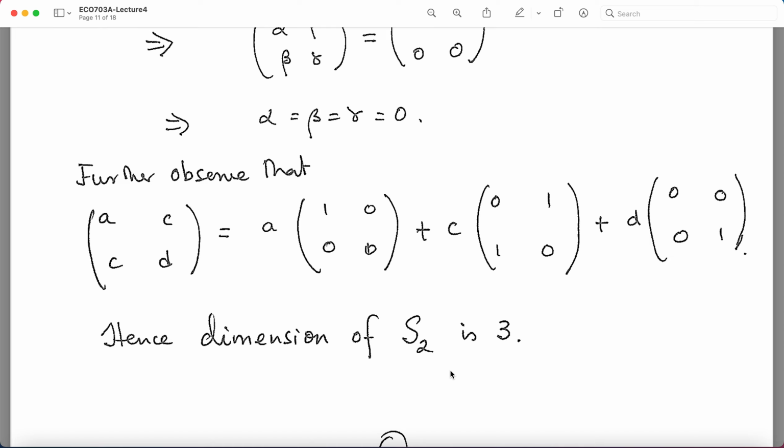For example, here n was 2, so 2 into 2 plus 1 divided by 2 is 3. So, that is the general formula: if you have the space of n cross n symmetric matrices, then the dimension of that space is n into n plus 1 by 2.